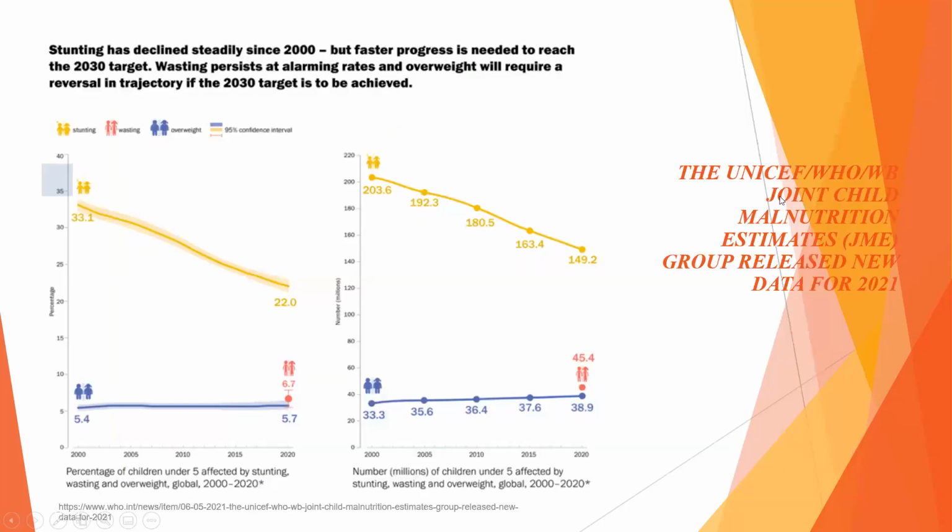This data was taken from the UNICEF-WHO joint malnutrition estimates, and it showed the percentage of children under 5 affected by stunting, wasting, and overweight globally from 2000 to 2020. The graph has declined, but the prevalence was still reported high, and similarly the number of children affected, in millions, was also very high.